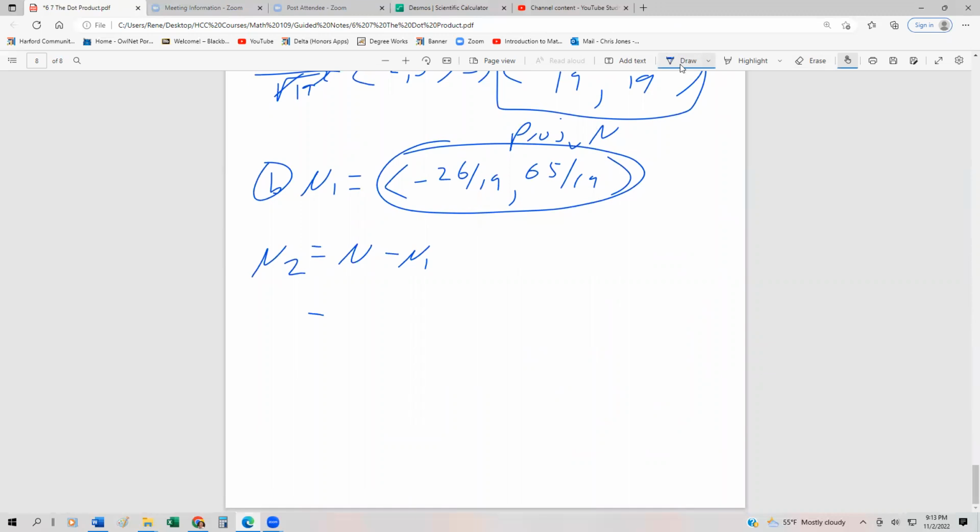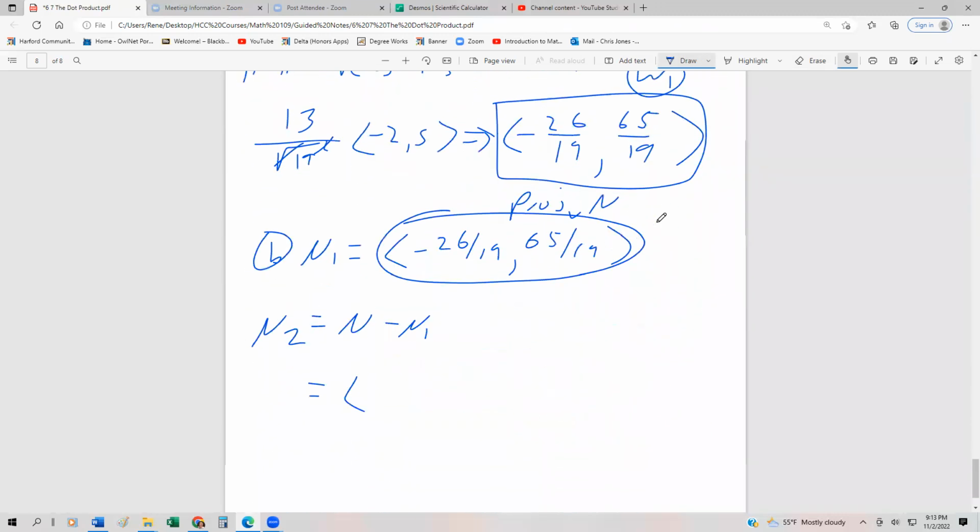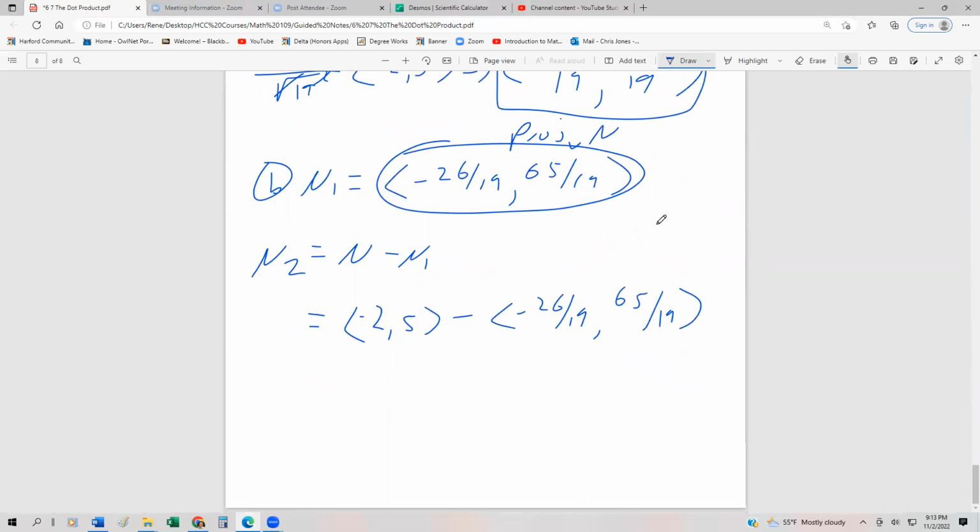We said that u was <-2, 5>, minus the vector <-26/19, 65/19>. Here we can get a common denominator of 19.